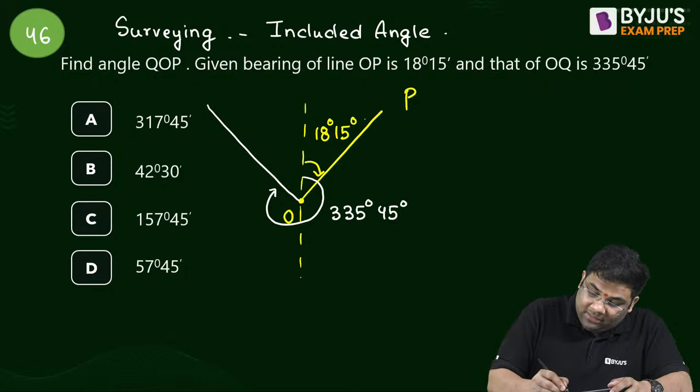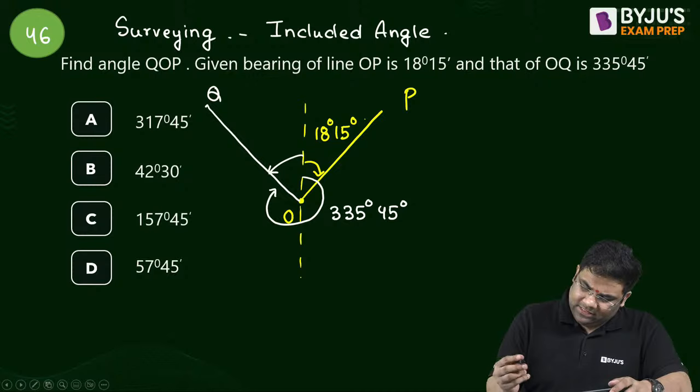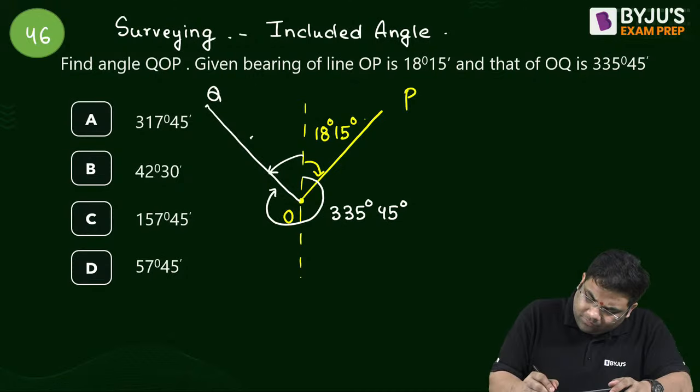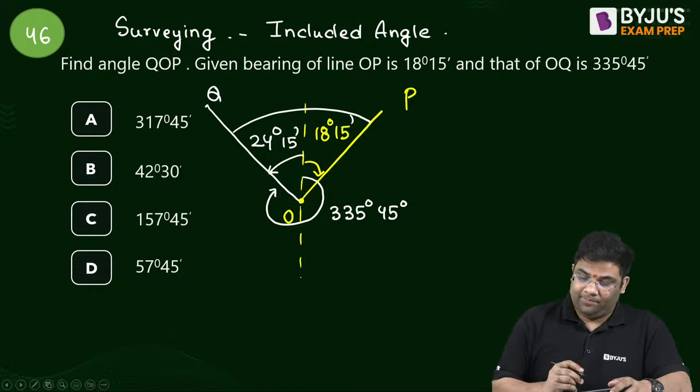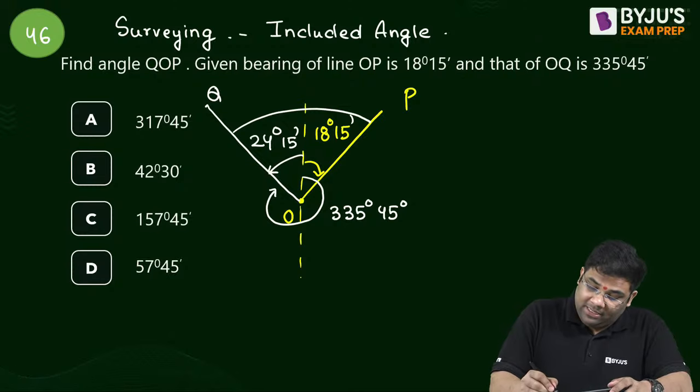So what will be this angle? This angle will be 360 minus this. So I can say 24 degree 15 minutes, right? So QOP, adding both of them, I'll get 42 degree 30 minutes.